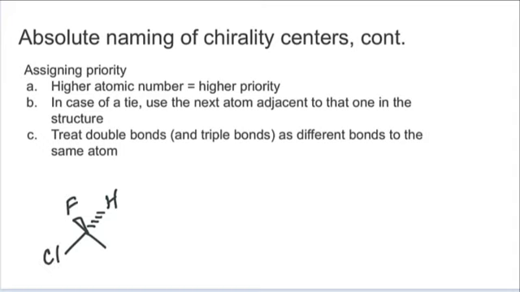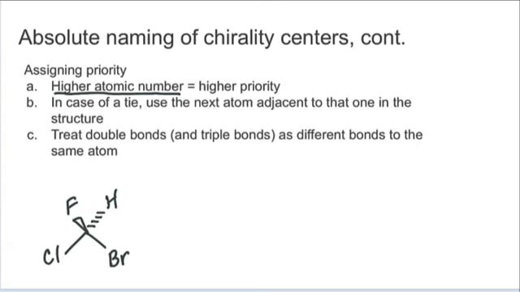We were thinking about this molecule with the fluorine, chlorine, and bromine on the chiral carbon. And so the rule is to number or prioritize your groups based on atomic number. So which atom has the higher atomic number, that's going to be the higher priority. So let's go ahead and prioritize.